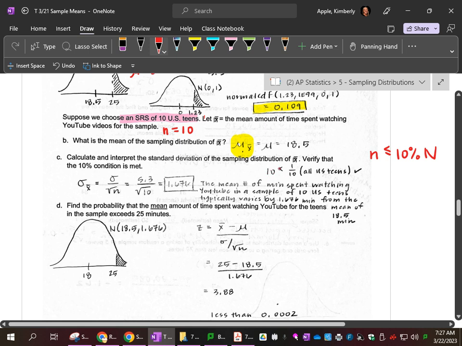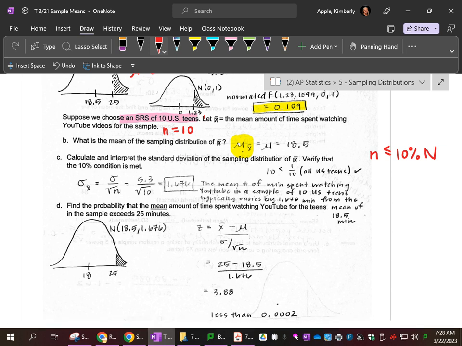This is the sample size less than 1/10 or 10% of all US teens. Notice there's not a number here because we don't have an exact numeric value for the size of the population. But using common sense, we can still write this expression and consider it satisfied by saying that we understand that 10 is clearly less than 10% of all the teens in the US.